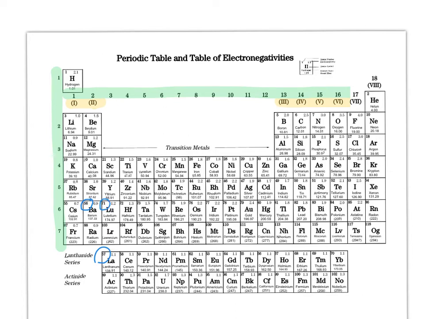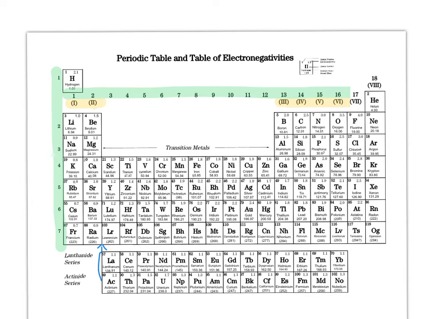So basically, these two rows squeeze in right here. But then the periodic table would be really wide. So basically, we take them out and we put them at the bottom. But it's understood that they fit in right there. So they are still period 6 and 7.